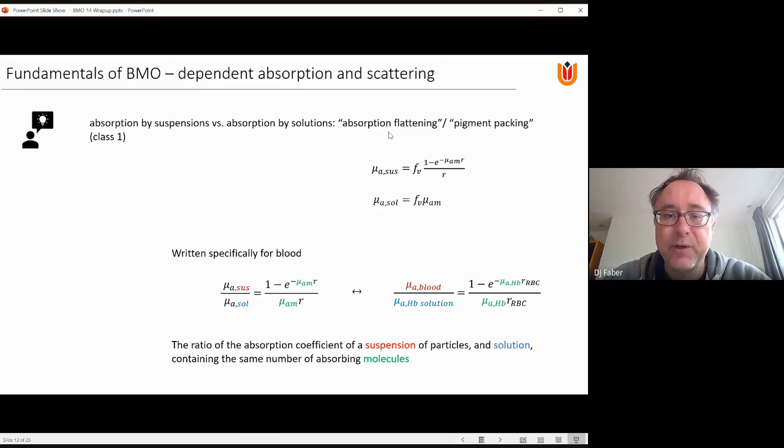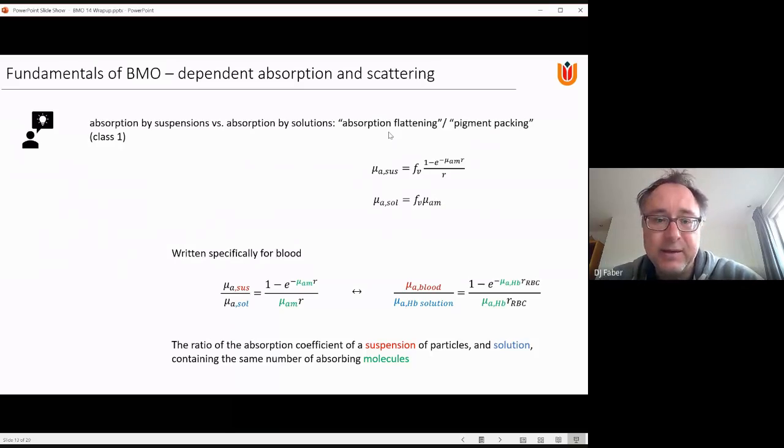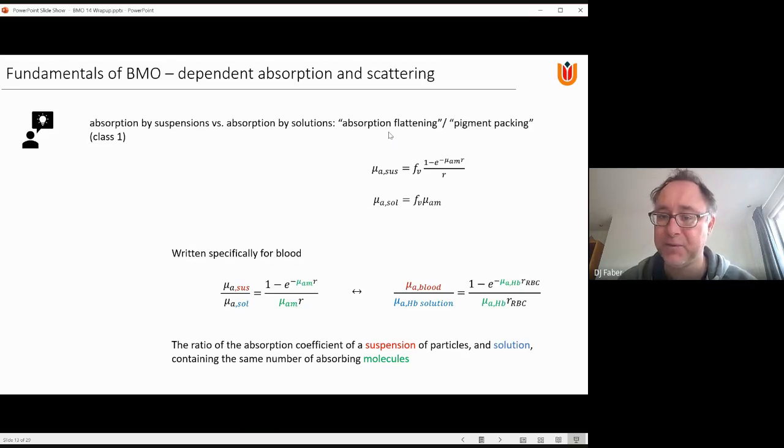We saw that for absorption in the first class, actually, and that effect was called absorption flattening or pigment packing. It described the effect that if you have a certain number of molecules, you will measure a different absorption coefficient when these molecules are just floating freely in a solution compared to when these molecules are packed inside particles.